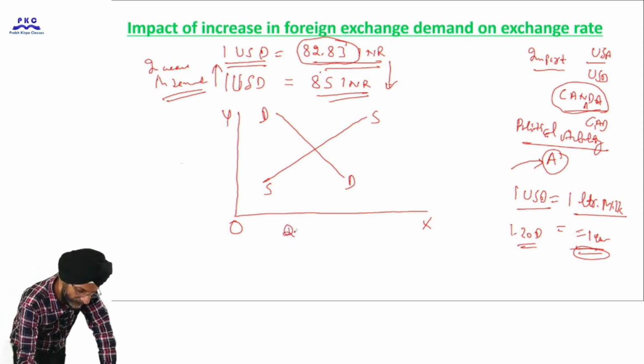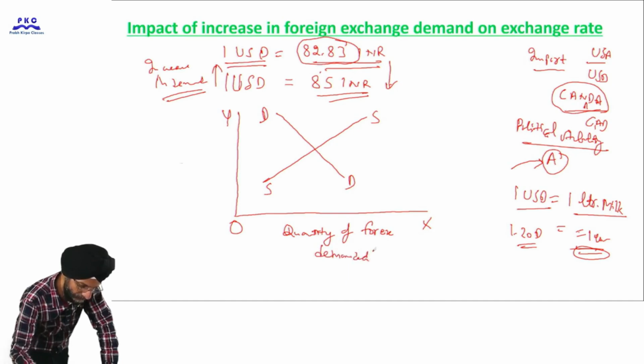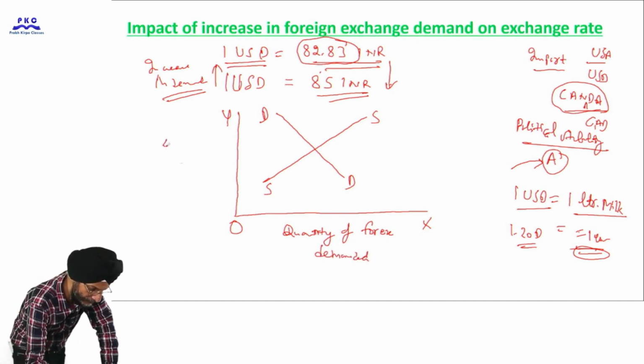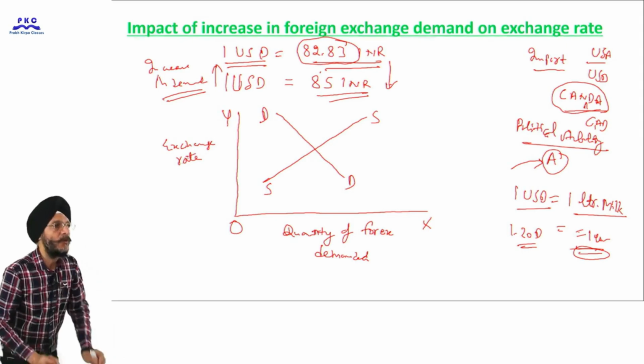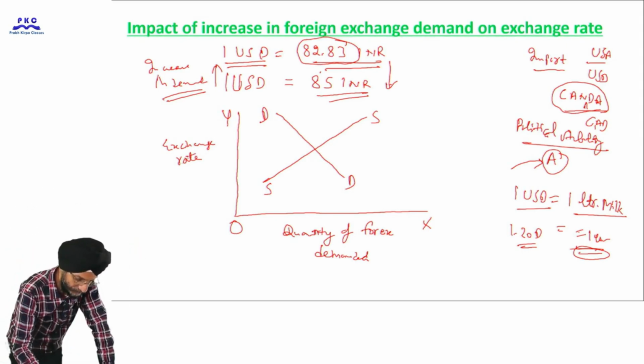Here it is the quantity of foreign exchange demanded. Here on the y-axis, it is the exchange rate, or the price of foreign currency in relation to domestic currency.